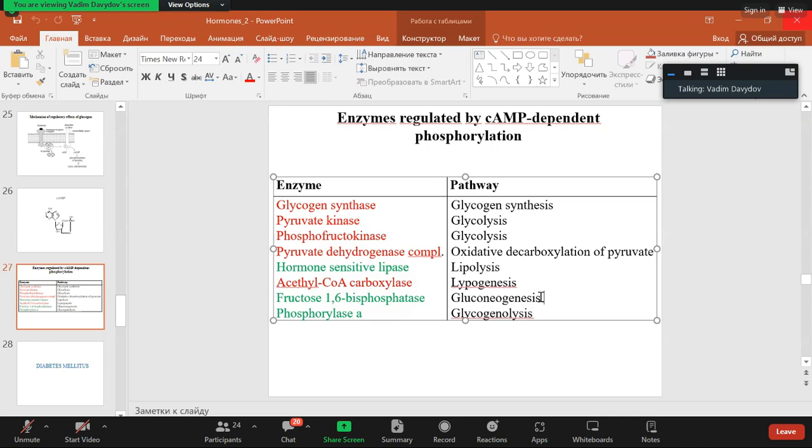So the resulting effect of glucagon is a hyperglycemic effect, coupled with activation of glycogenolysis and stimulation of gluconeogenesis. So that is the effect of glucagon.